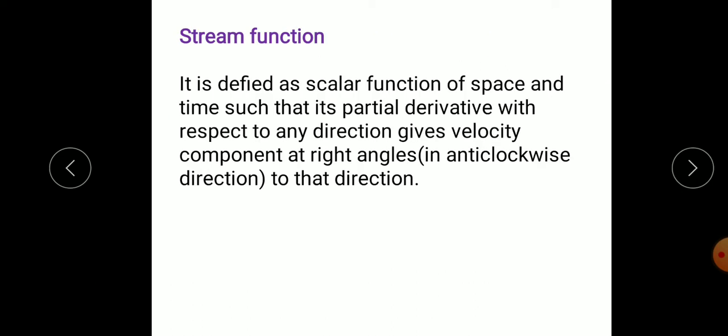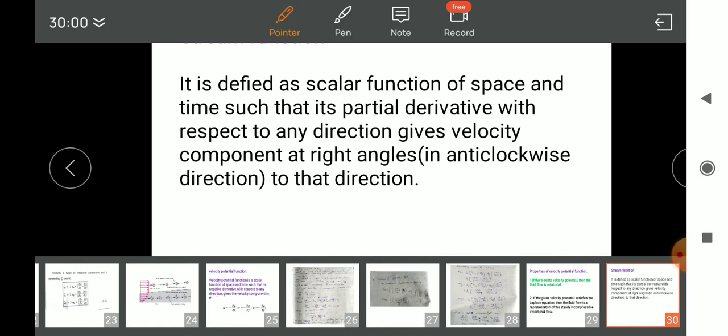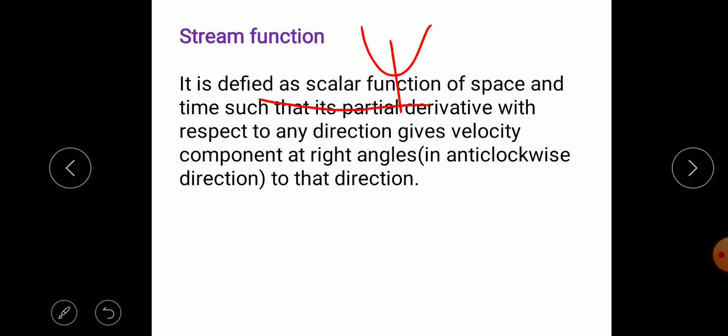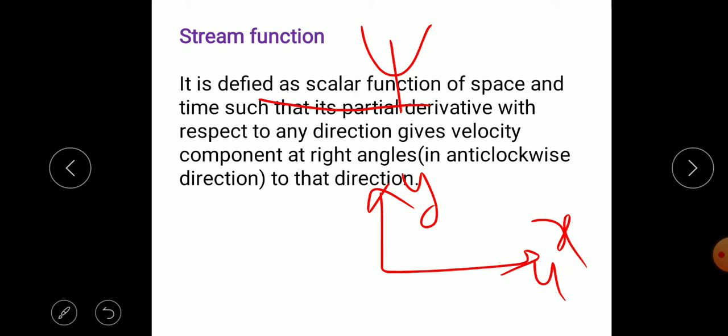Next is the stream function, denoted by psi. Again it is similar to the potential function, but the difference is that it is also a scalar function of space and time, such that its partial derivative with respect to any direction gives the velocity component at right angles to that direction, in the anticlockwise sense. Suppose along x the component is u, and along y the component is v.